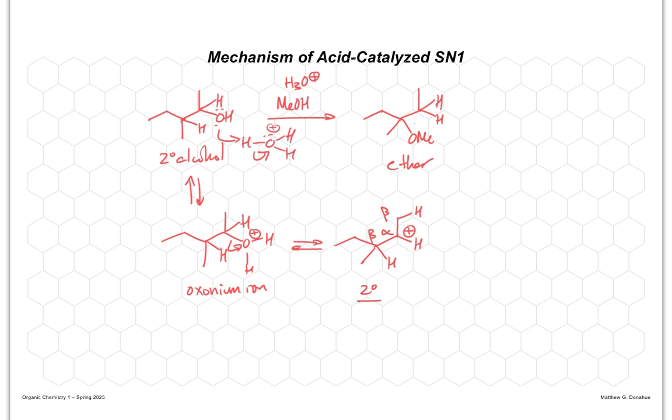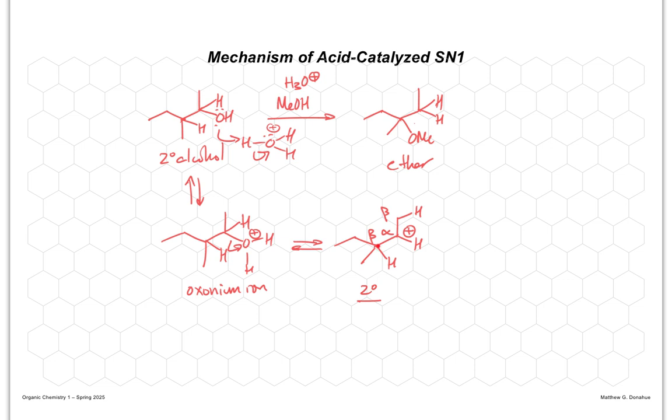If we were to shift that hydrogen over and then the plus charge moves up to that beta carbon, what would the class of that carbocation be? That would be primary. That would go down in stability, right? So we wouldn't want to do that.